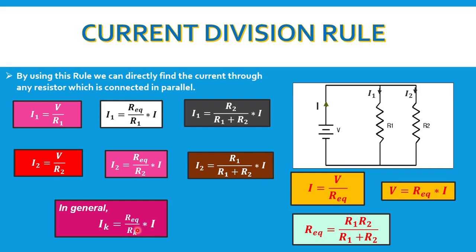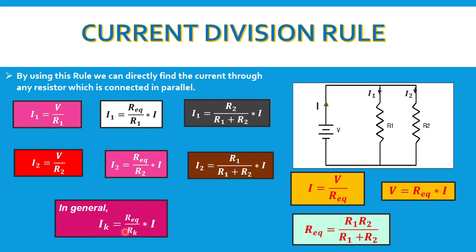Remember one thing: in the series connection, to find the voltage across any resistor, we were using Vk is equal to Rk upon R equivalent into voltage.